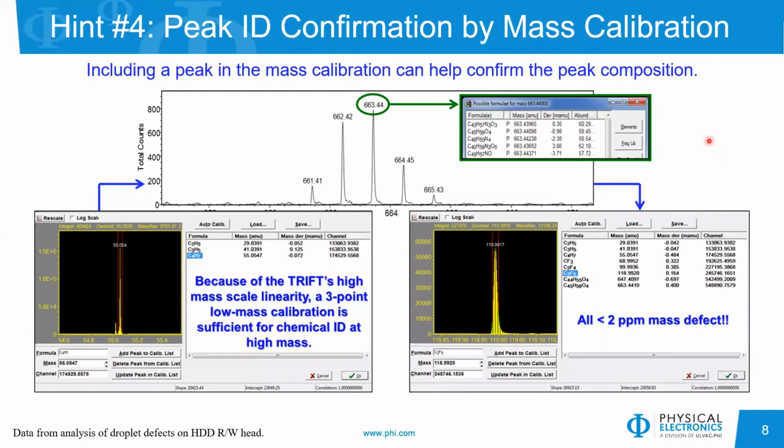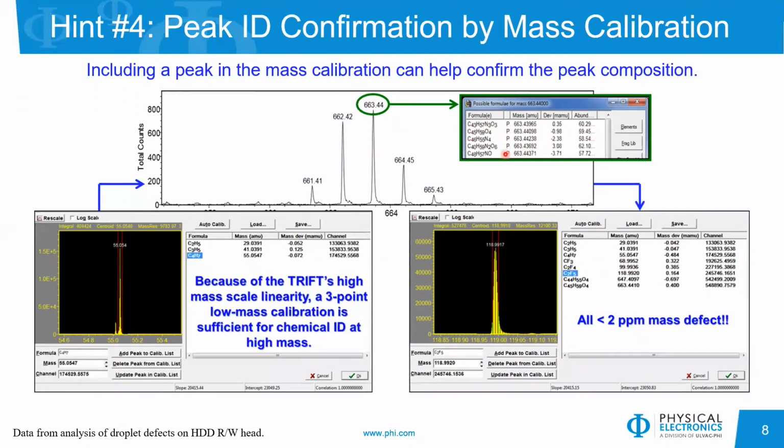So one thing that you can do in doing some of your peak assignments is using a properly calibrated mass spectrum to help look at some of your higher mass peaks. One of the things that I will often do is calibrate my mass spectrum using 3 peaks at low mass. And then often I will go up to some of the highest mass peaks that I see in my mass spectrum, and I will open up the peak ID tool.